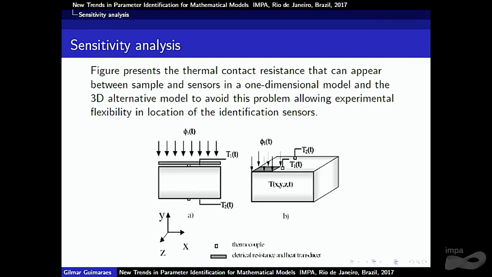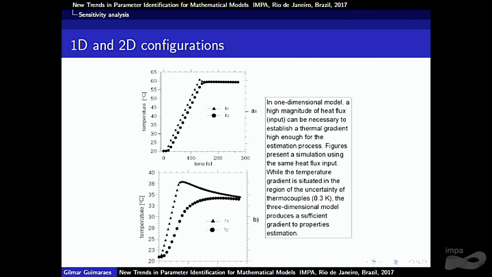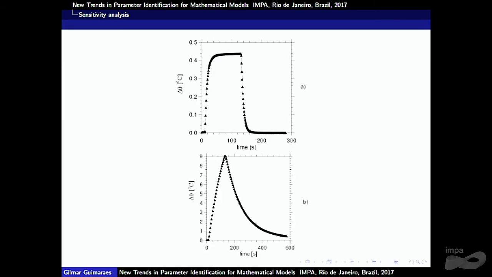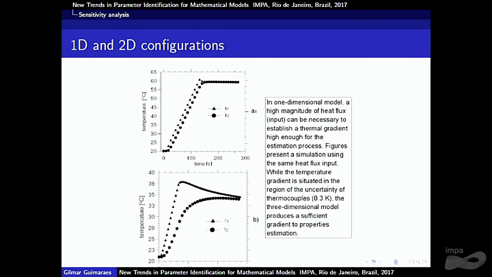If you use, for example, a 1D model... if you use the 3D model, you can solve this problem of the contact resistance. And the other problem is, if you are working with conductor, you have to put a higher heat flux in order to obtain the gradient of temperatures.